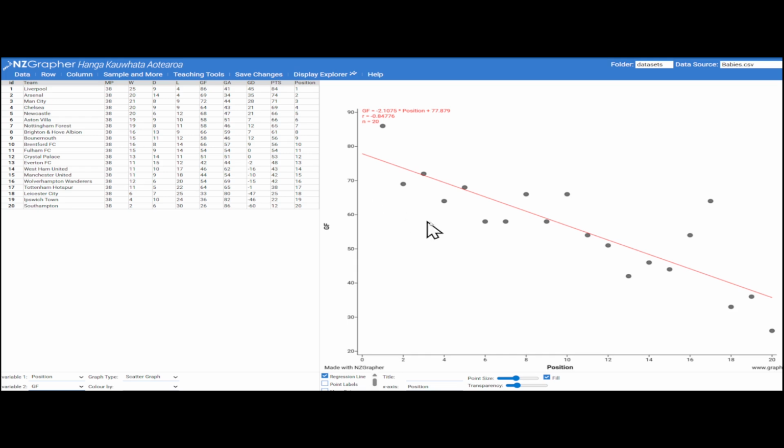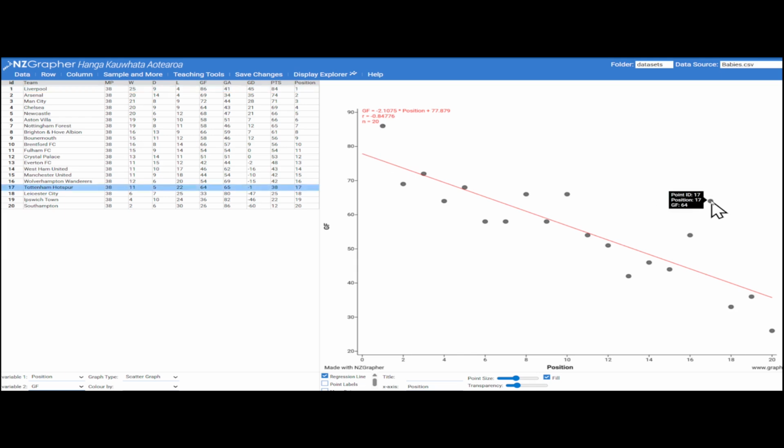Well, yep, it does. There's a reasonably strong relationship here. So the teams on the left here would be the top teams. So the team that comes first is going to be Liverpool, and their position is 1. And they also scored the most goals.